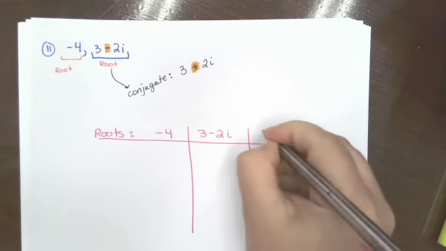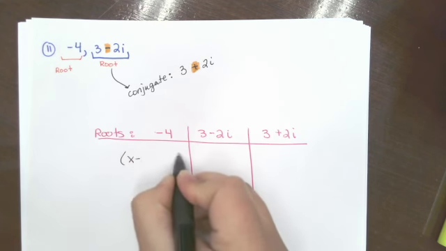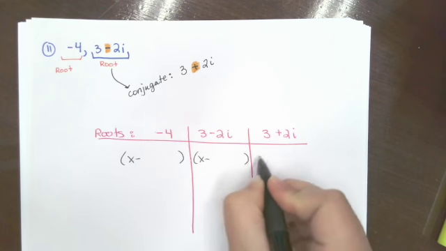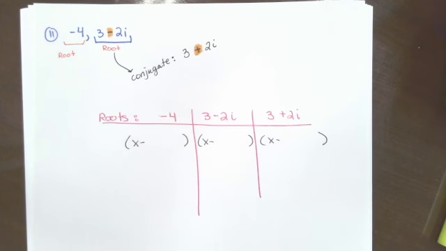Then we're going to show the opposite of what we see, so x minus. I did post another video on number 11 previously on Google Classroom, talking about how to write out your equation in factored form. So then we're going to go back in with another parenthesis and copy it down.